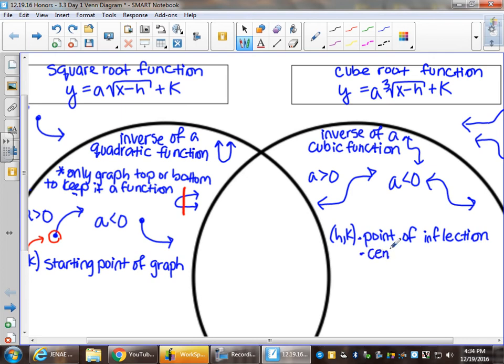Another name for it is the center point, also known as where the graph changes, where the change in concavity takes place.